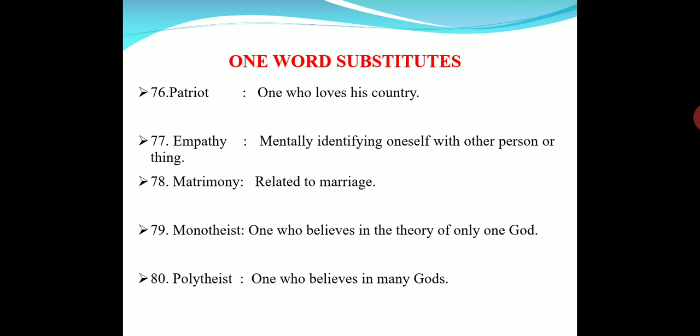And monotheist, one who believes in the theory of only one god. Monotheist means they believe that there is only one god. And polytheist, one who believes in many gods. Generally Greeks and Hindus are called as polytheists. We believe in many gods.